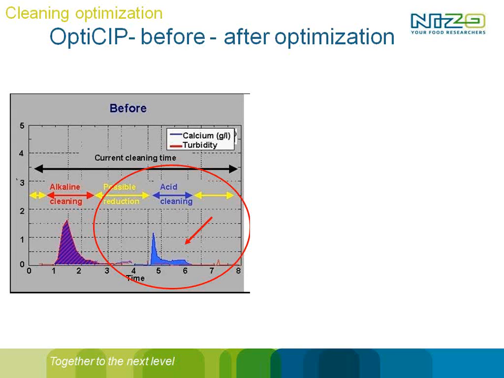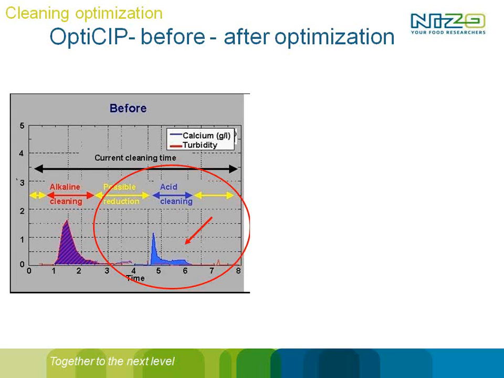And what you see is two peaks, from 1 to approximately 2.5 hour time units. We see a peak of the turbidity, which is an indication that a lot of organic fouling is removed over there. And from 4.5 to 6.5 time units, you have the peak of calcium, which shows that a lot of inorganic fouling is removed over there.